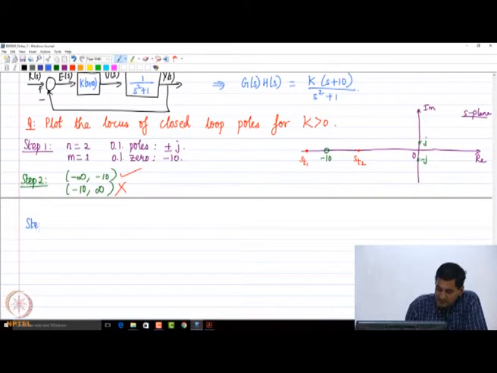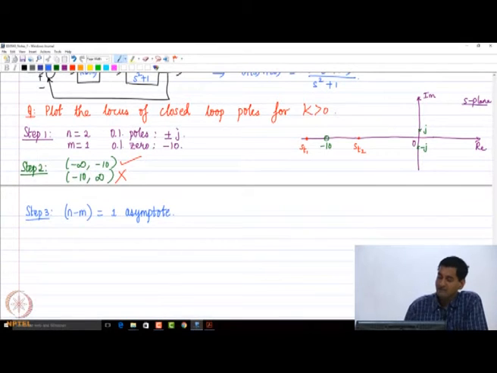What is step 3? Asymptotes. There will be n minus m asymptotes. In this case, n minus m is 1, so there is going to be 1 asymptote. What is the angle of the asymptote?